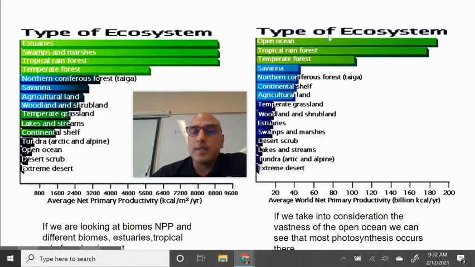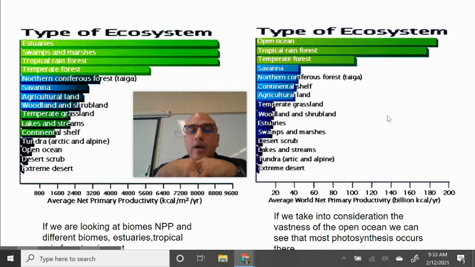Now, what's funny is that in open oceans, pay attention to this, I don't think I've gone over it. Open oceans do not necessarily have a great deal of plants and animals, or photosynthetic organisms. They do have photosynthetic organisms, but they're not in close proximity with each other. They're more dispersed.